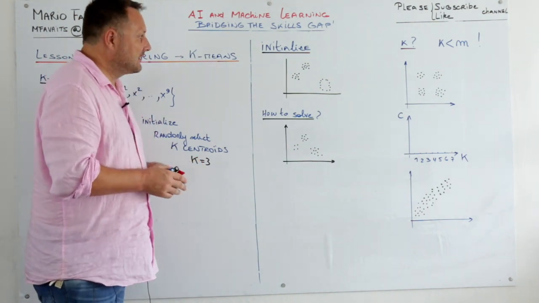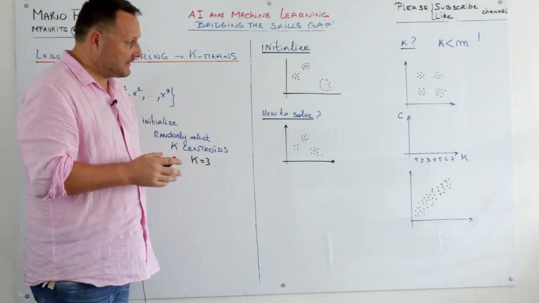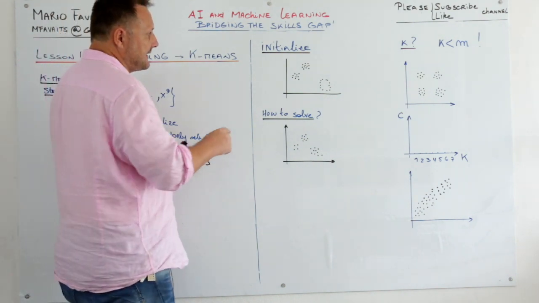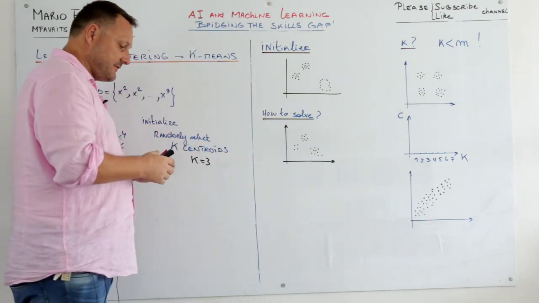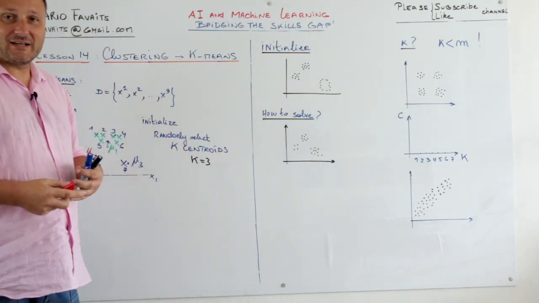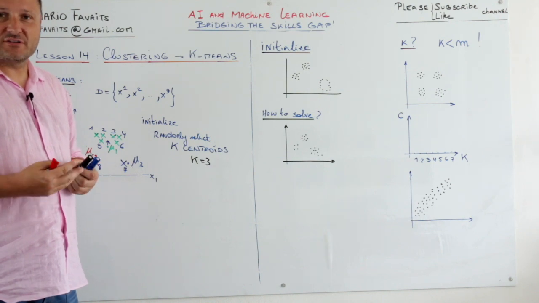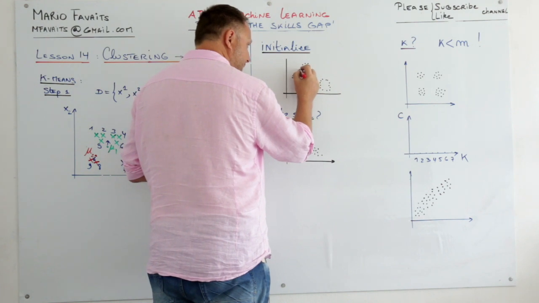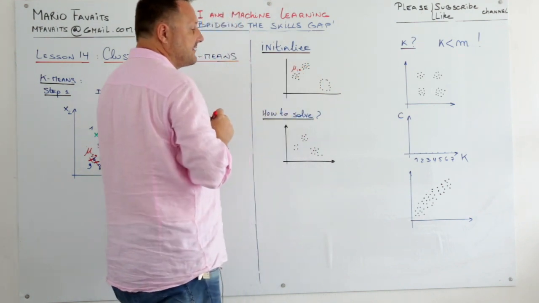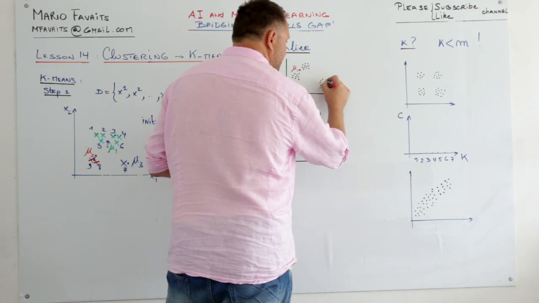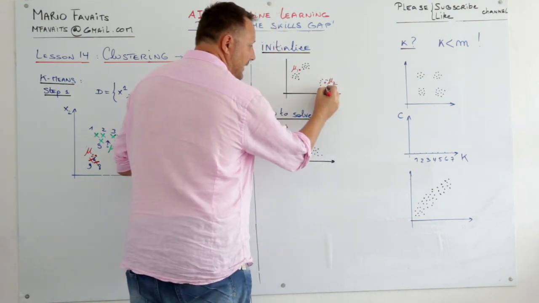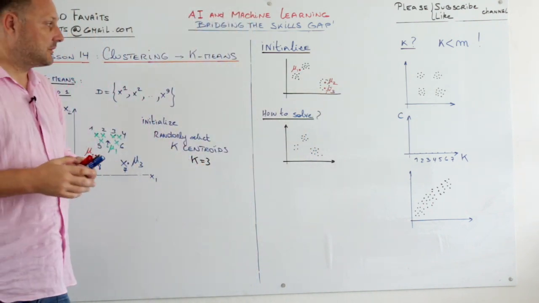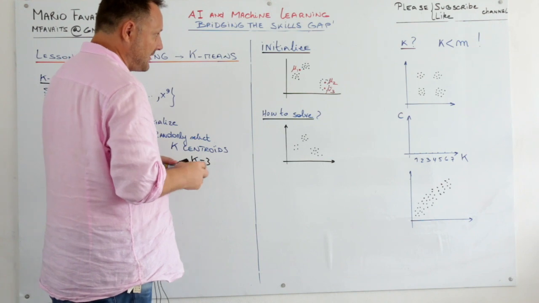Alright, so things don't always run perfect in k-means, so there are some issues that we need to tackle. Let us take the initialization phase. So basically we're going to randomly pick 3 centroids in this case. So let's assume that the first centroid mu_1 is here, the second centroid mu_2 is there, and mu_3 is there. So what's going to happen in this case?